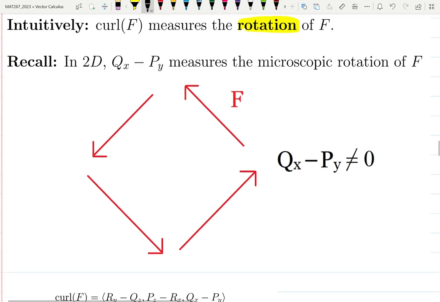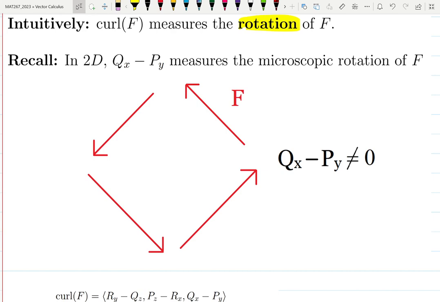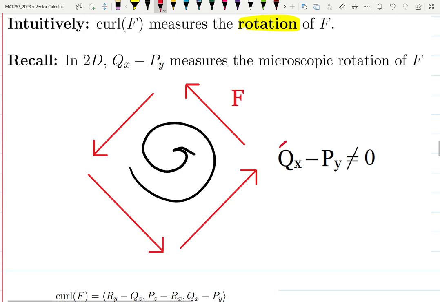Okay, you don't have to write this down, but last time, right before the exam, I showed you those little microscopic and macroscopic rotations. I told you that these differences actually measure rotations.